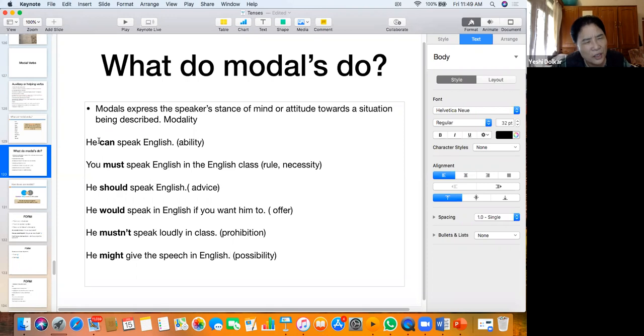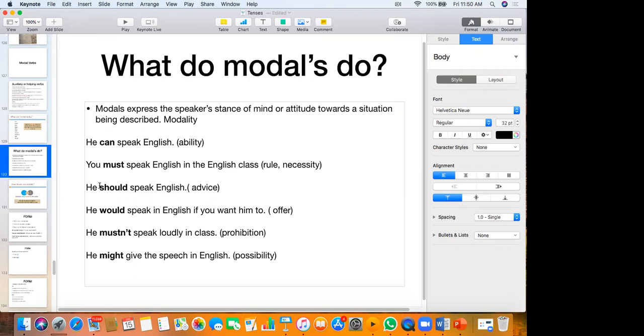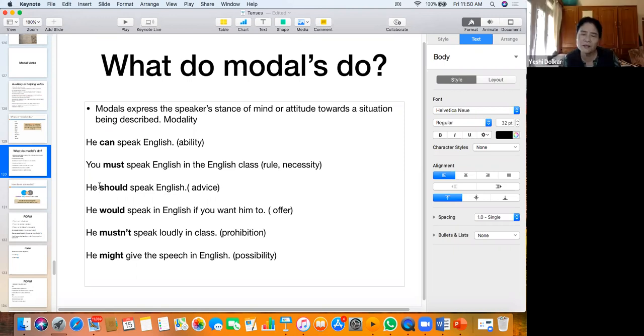See how they're changing? Yes. They're changing the meanings. It's more about my opinion, the speaker's opinion. All right. Yes. He speaks in English. Do you see what's happening to the speaker's mind, the attitude there?